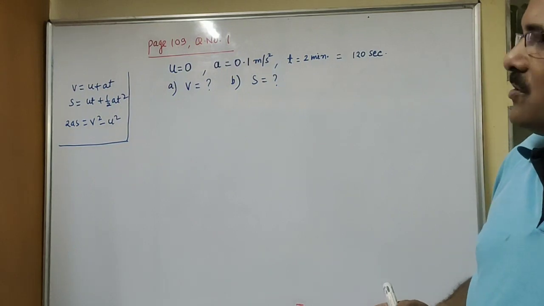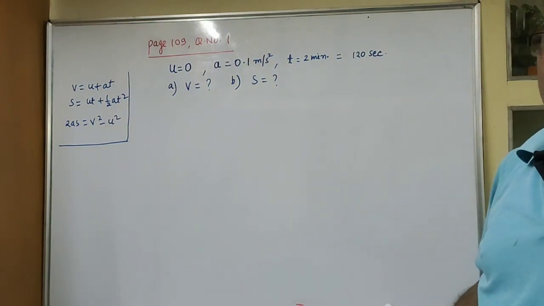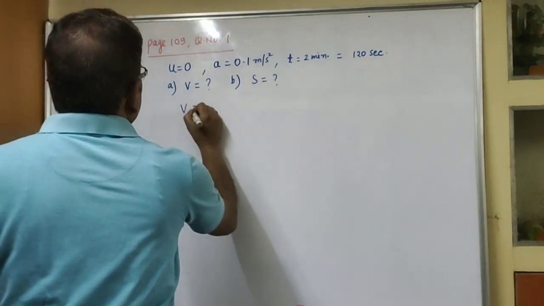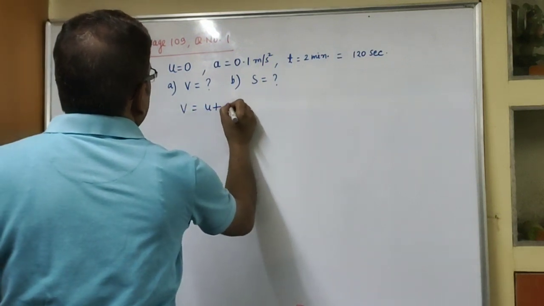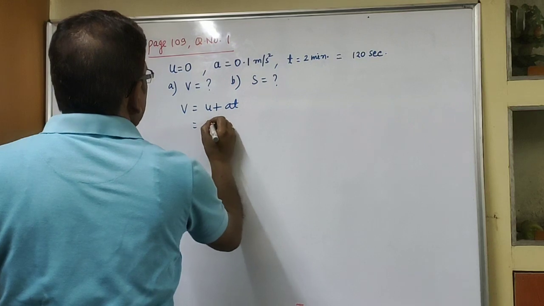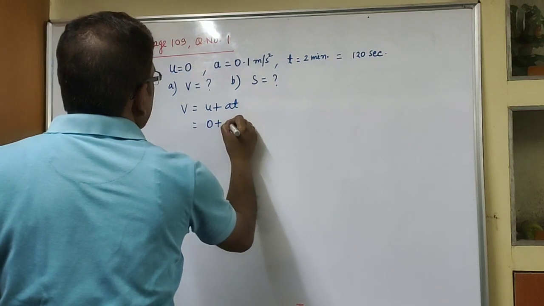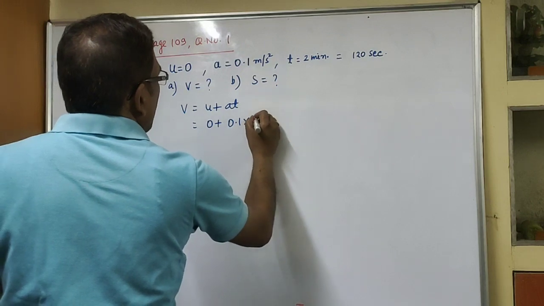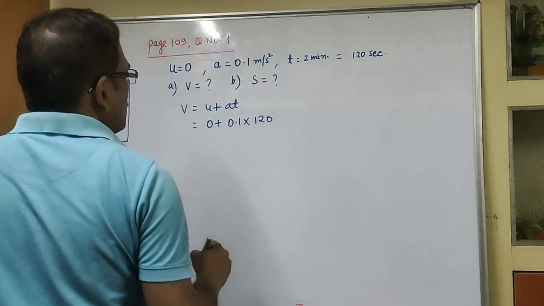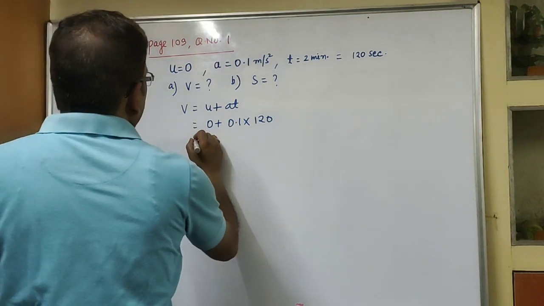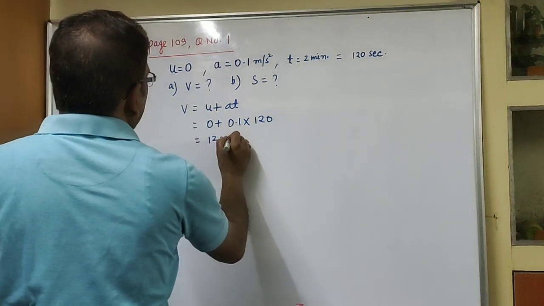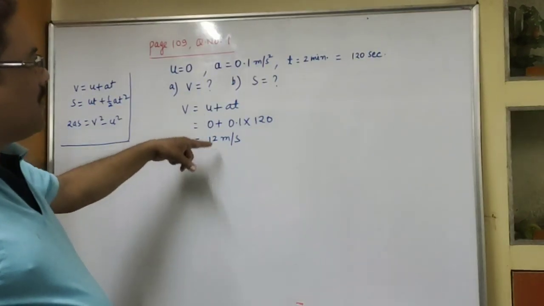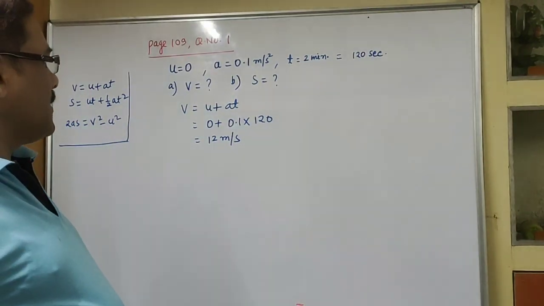So we can use the first equation to calculate v. We write v is equal to u plus at. So u is 0 plus a is 0.1 and t is 120. If you simplify, you will get 12 meter per second. So first part we have solved, the final velocity will be 12 meter per second.